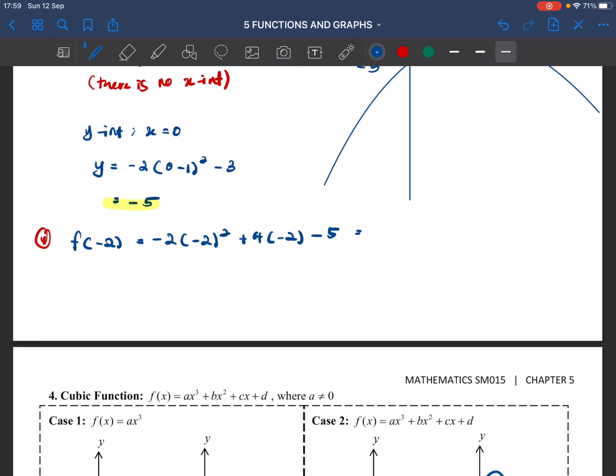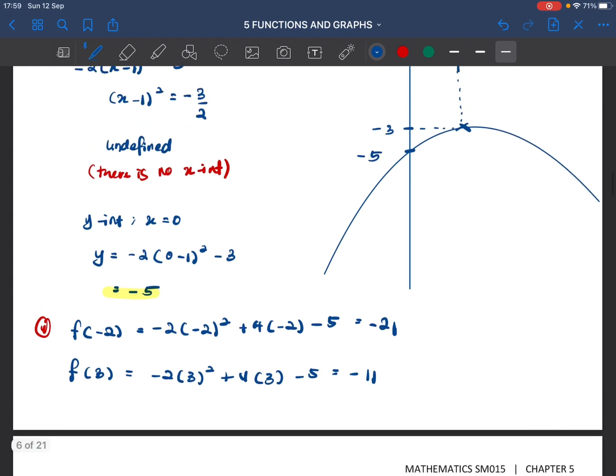Sekejap ya, saya kira negative 2, 4 minus 8 minus 5. Here we should get negative 21. And the other one is f(3), negative 3 squared plus 4 minus 5. And here we should get negative 2 times 9 plus 12 minus 5. Here is negative 11.